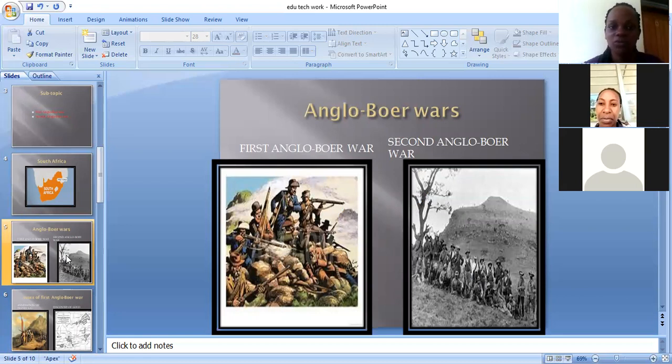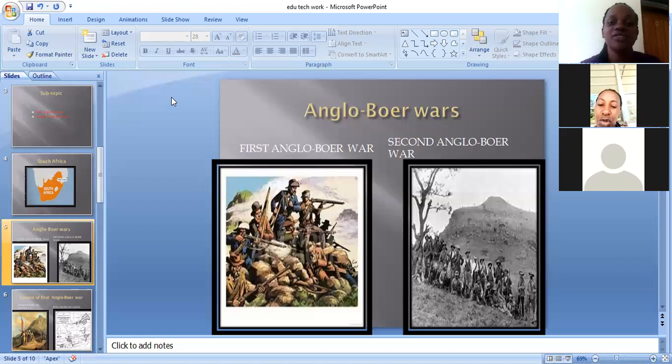When you look at what is on the board, it is the first Anglo-Boer War and then the second Anglo-Boer War. Who can tell me what they are seeing in the first diagram, named the first Anglo-Boer War? What can you see in that diagram? I am seeing men having guns and trying to shoot.